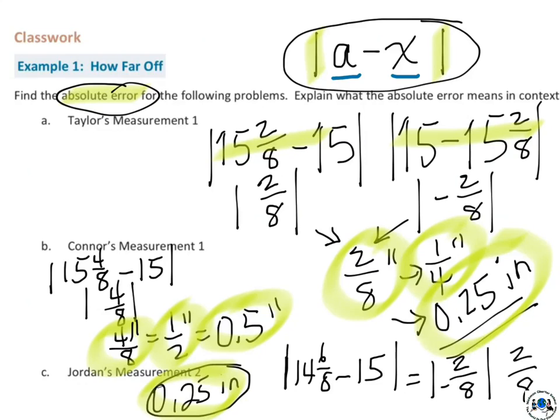What is the distance between the exact measurement and the approximate, or measured, measurement? Whether it's larger or smaller, that distance is the same. That error is the same. All right, so let's move on.